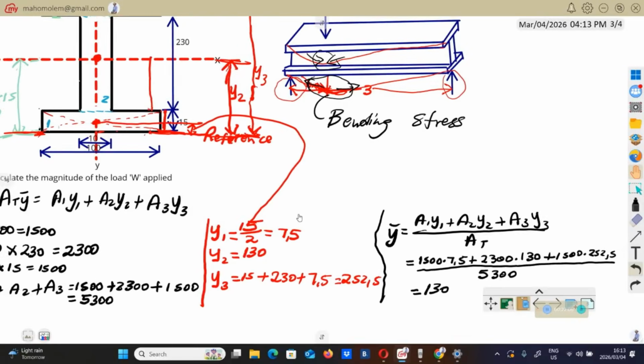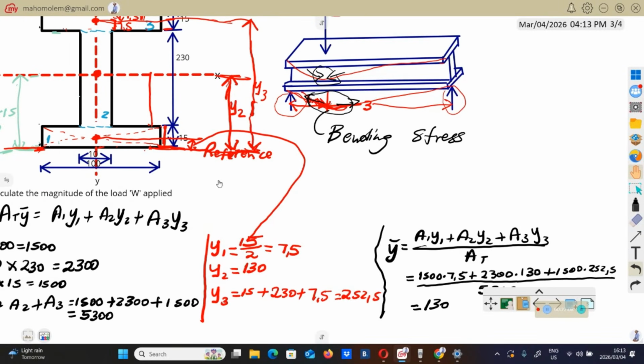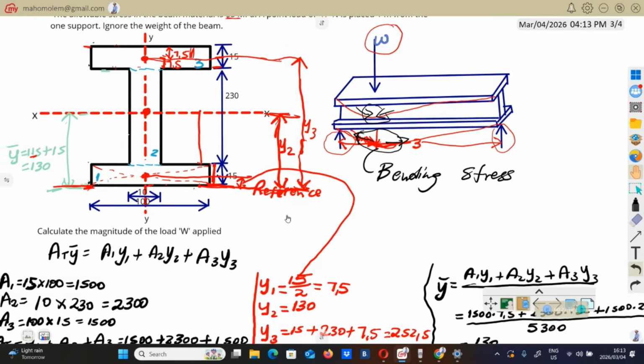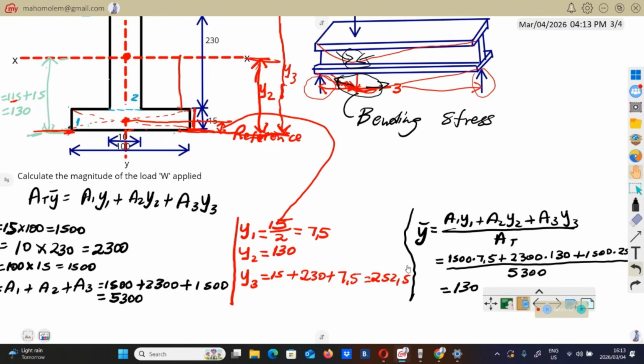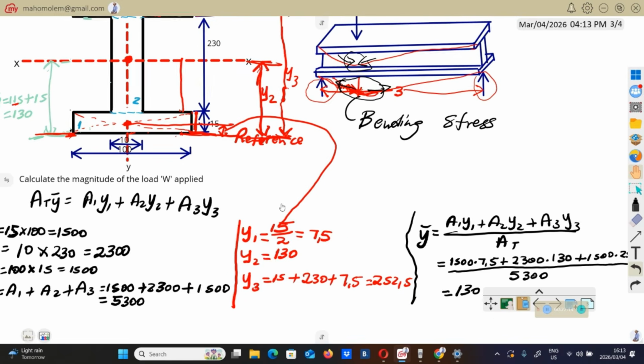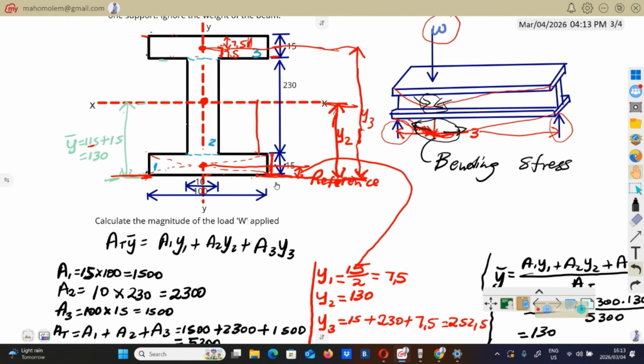Here I was just proving that if you have the axis of symmetry, you don't have to do this, you will be wasting your time. You can simply take the height divided by 2, then you will get the y bar.